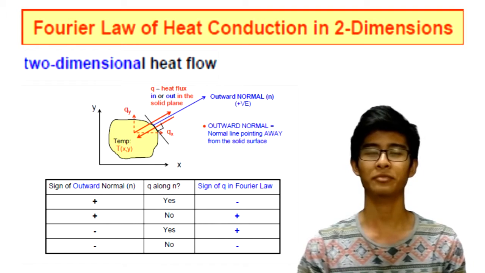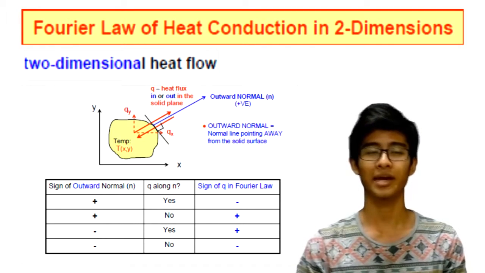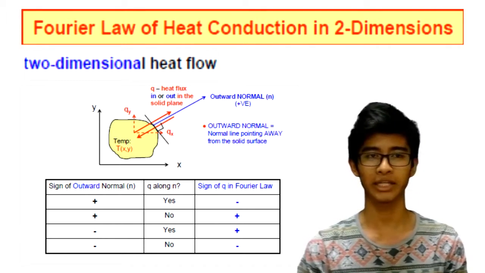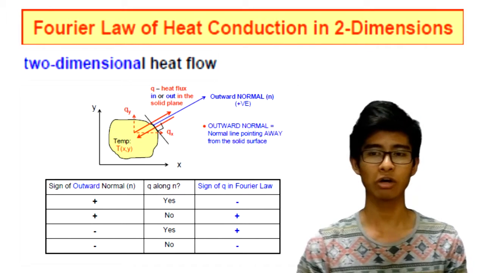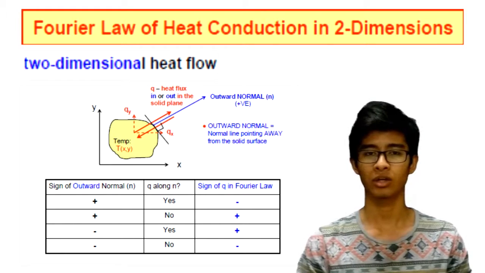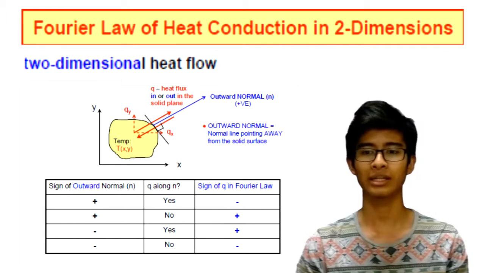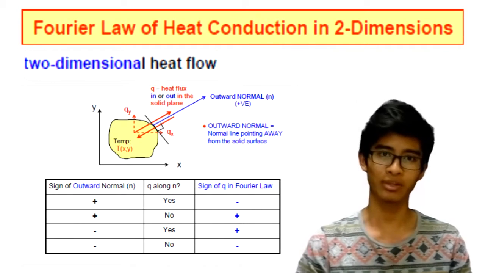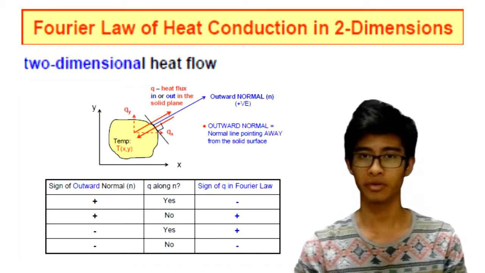Next, we have to determine the direction of Q, whether Q is along n or not. Q and n determine the sign of the Fourier law.